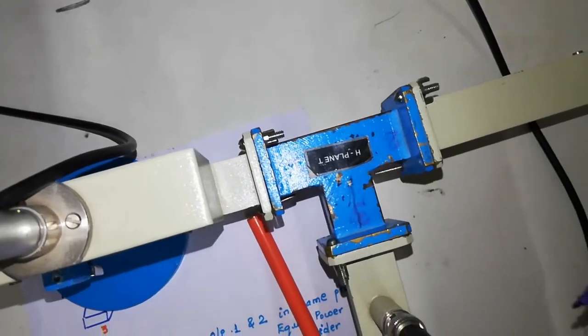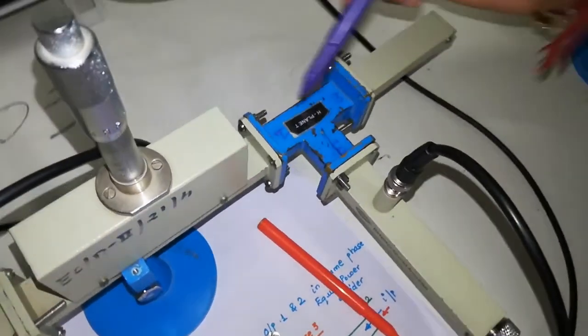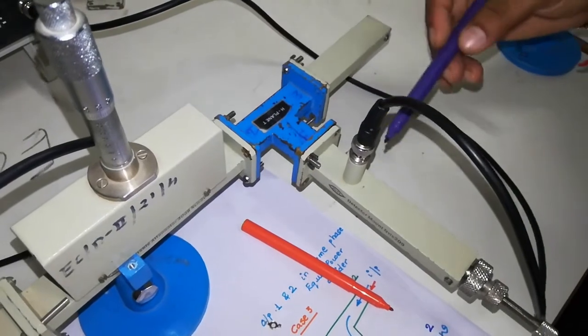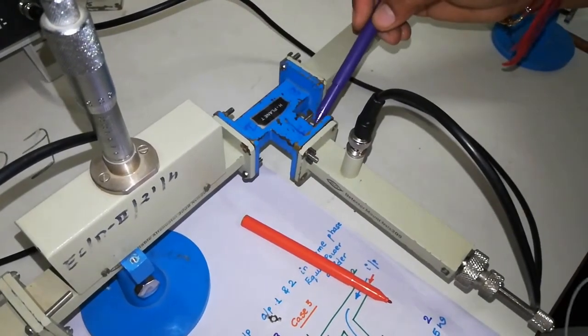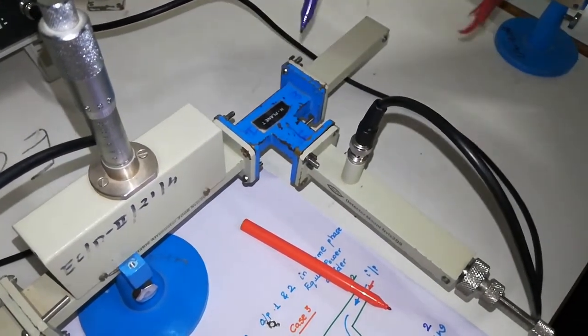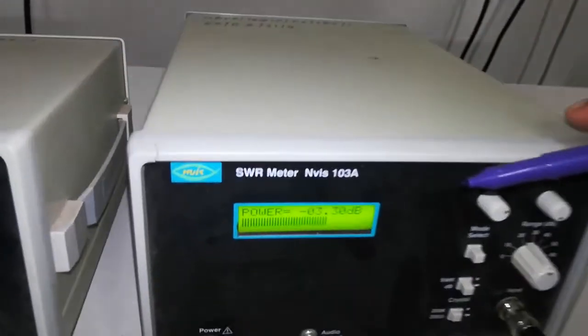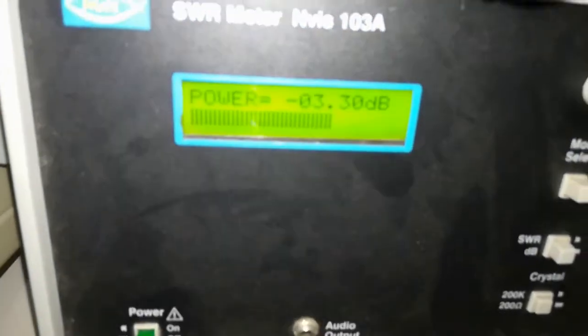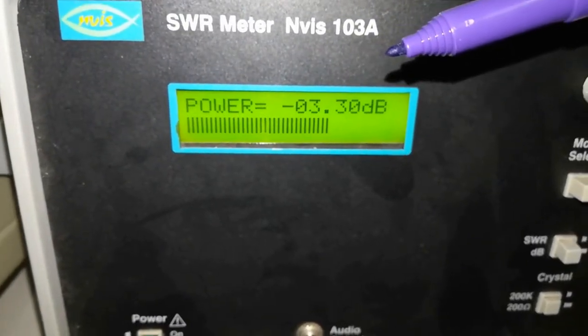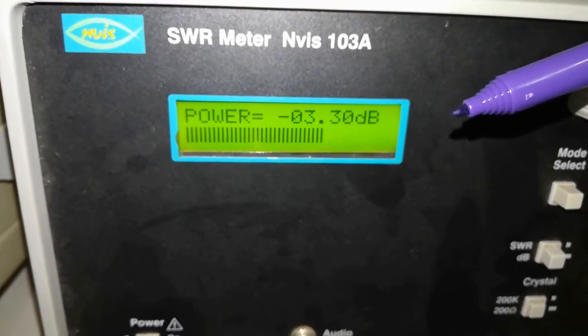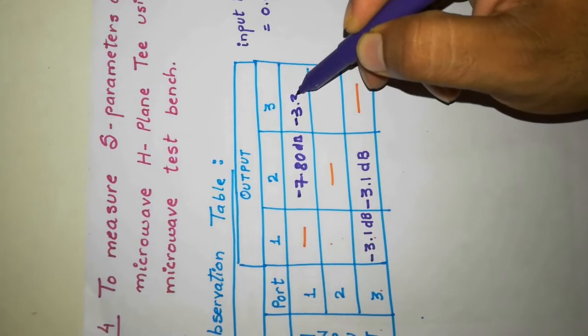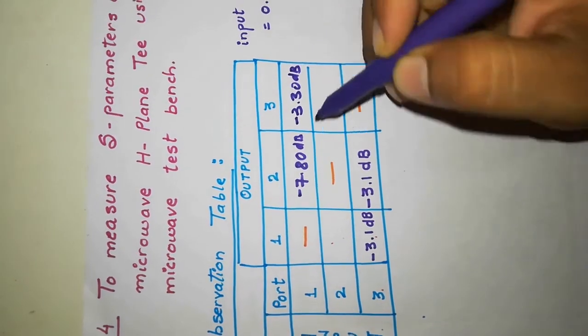When the input is at port number 1 and we are measuring power from port number 3, with the matched termination at port number 2, the power meter shows power equal to minus 3.30 dB.